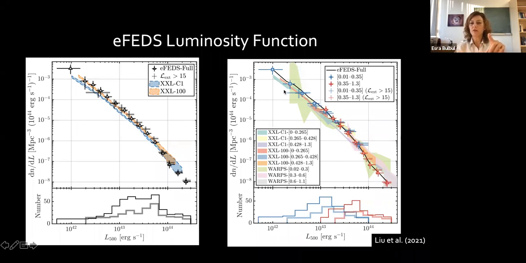When we look at the different redshift slices, we see that we are consistent with XXL and WARPS, which are other small-area X-ray surveys. We will do this for the all-sky survey, and maybe next time you will see our numbers significantly increase, and that's when we will have some hope of determining the cosmological parameters and evolution, hopefully.